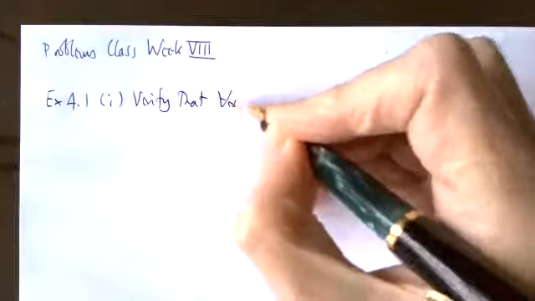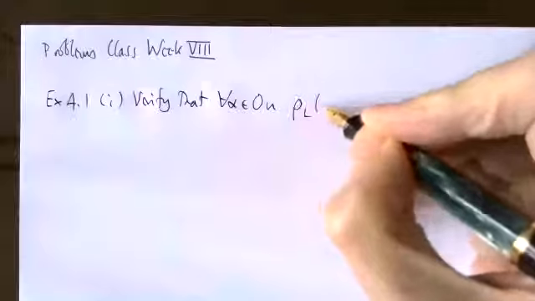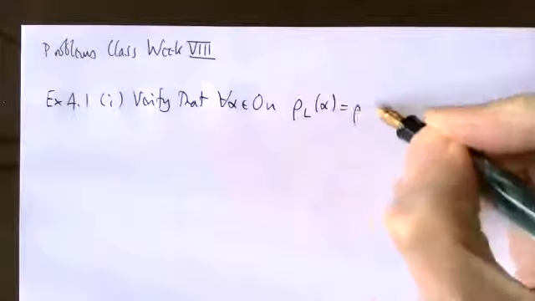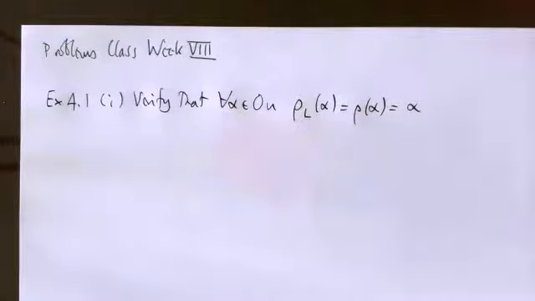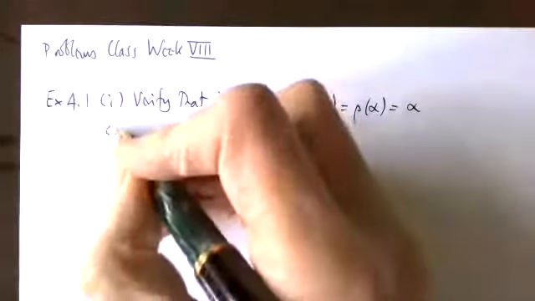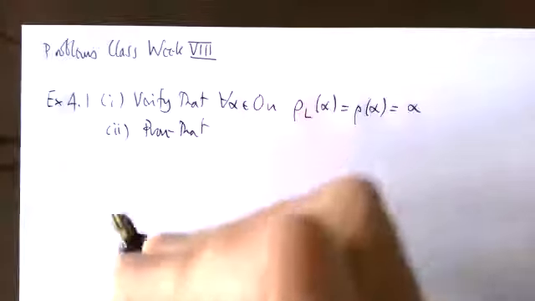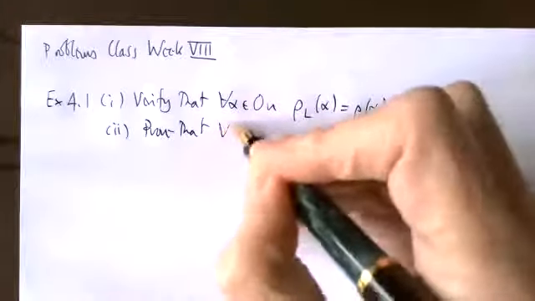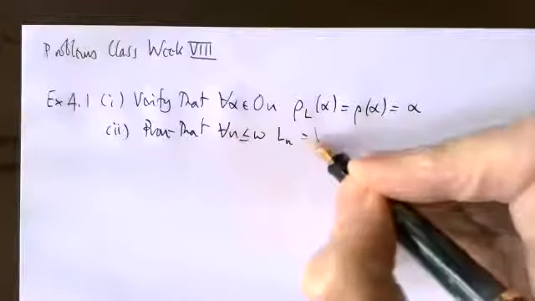Verify that for all ordinals alpha, the L rank of alpha is the same as the V rank of alpha, which is alpha. Prove that for all n less than or equal to omega, Ln equals Vn.